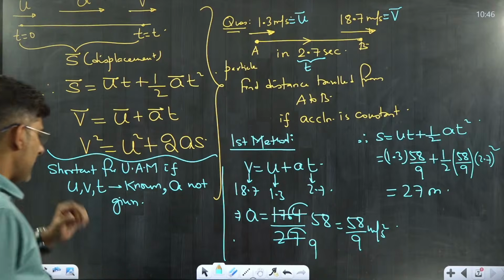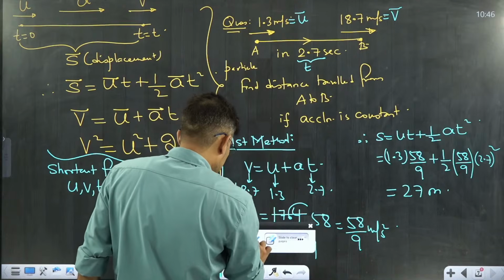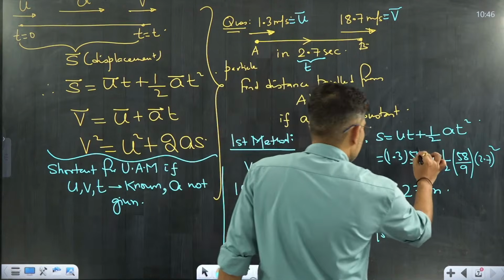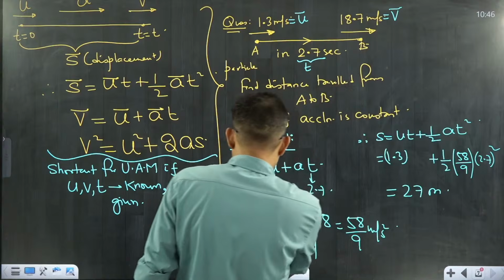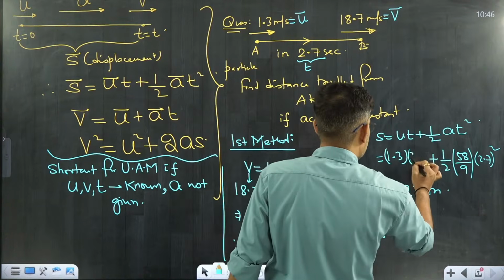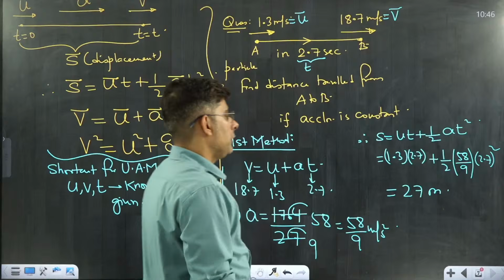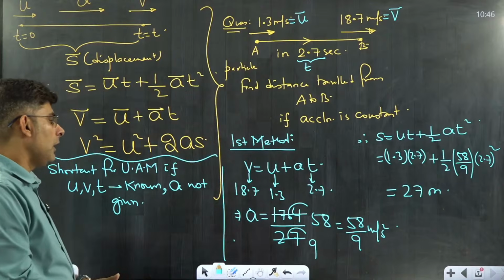Okay, I am very sorry, extremely sorry. I have put the time in place of this. Time was 2.7, sorry, time would be 2.7.